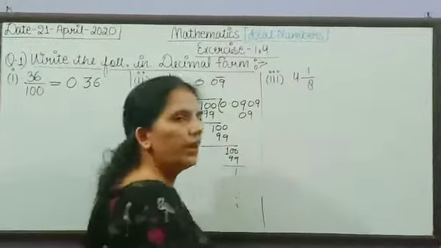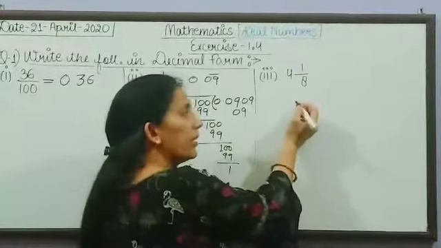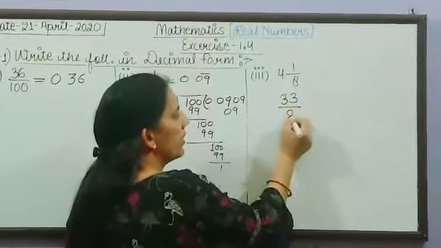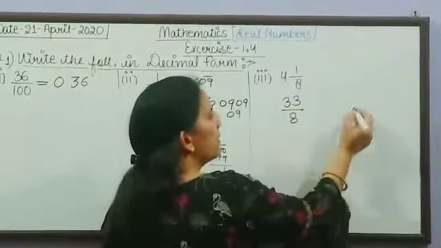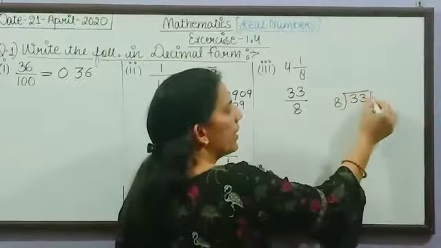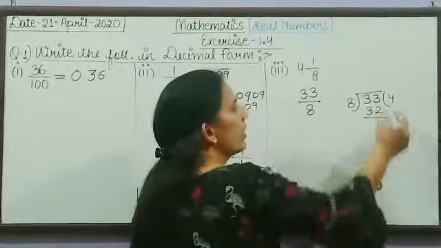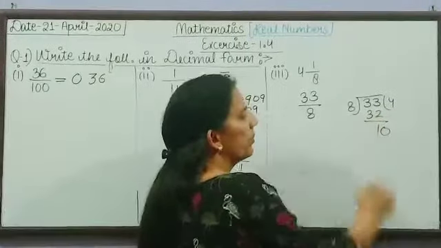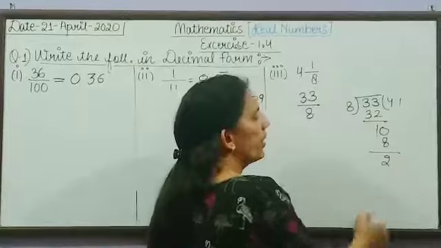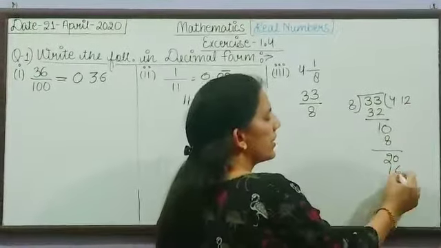Now come to the third part. What you are going to do? 8 4s are 32 plus 1, 33 upon 8. Now we are going to divide 33 by 8. 8 4s are 32. 1, take decimal, put 0. 8 1s are 8. 2 here, again 0. 8 2s are 16.